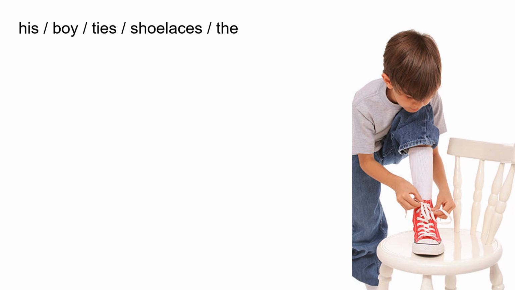And now, boy is a noun. Shoelaces is a noun. But the verb is ties, T-I-E, third person singular S. Ties what? So shoelaces cannot tie something. So this is shoelaces.